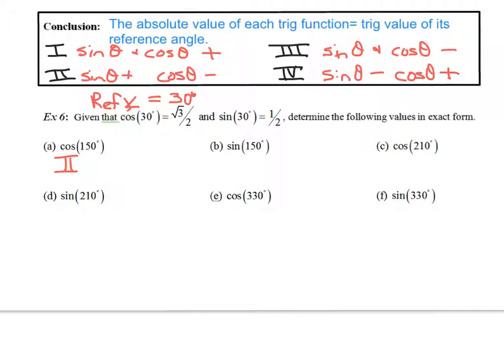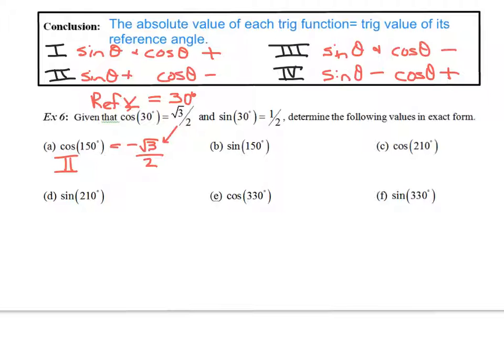150 degrees does have a reference angle of 30 because it's going to go from 150 degrees to the closest x-axis, which is 180. I have to go 30 degrees, so the reference angle is 30. But in quadrant number 2, I see that cosine is negative. So this answer should turn out to be negative radical 3 over 2.